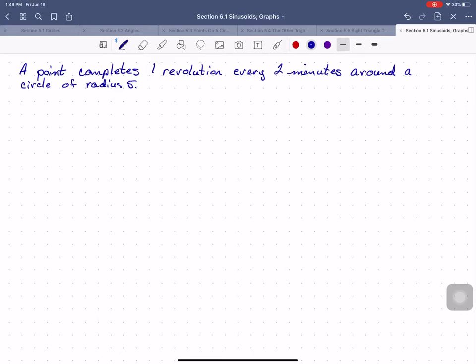And we want this time to find the x-coordinate of the point as a function of time.